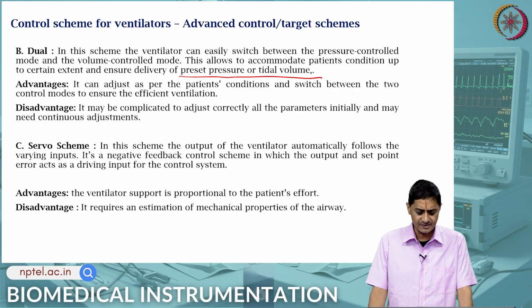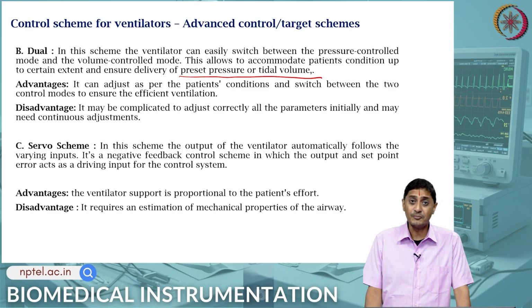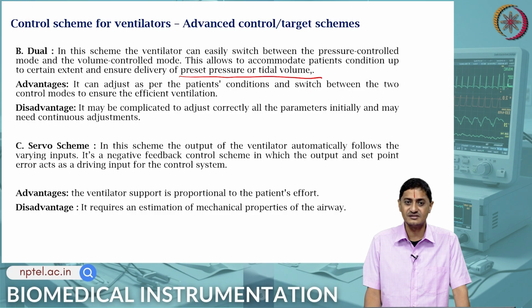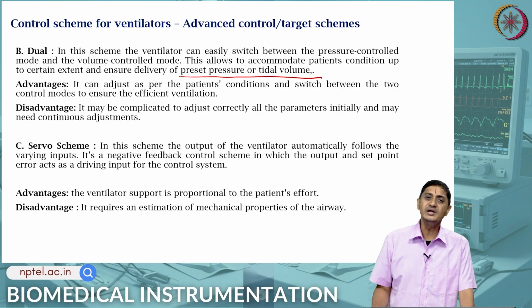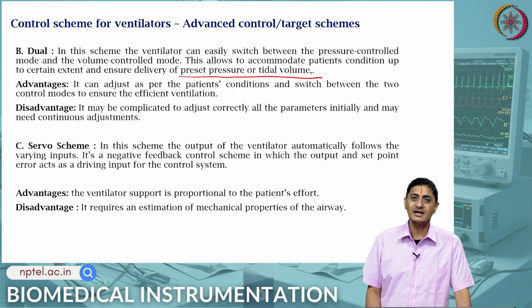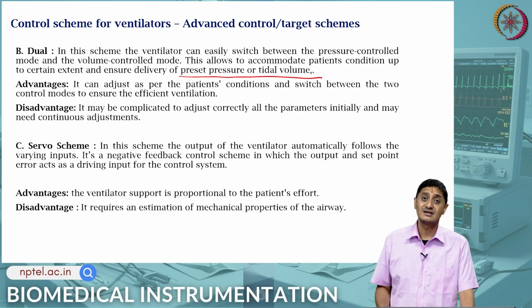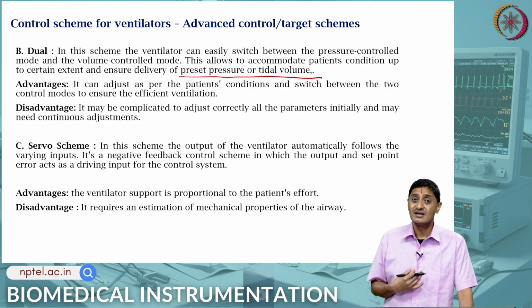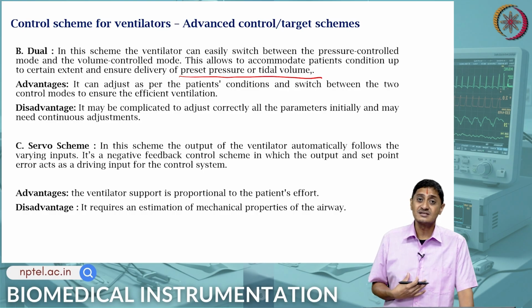The advantage is that the support that is provided to the patient is dependent on the patient's effort. The disadvantage is that you need to have an algorithm that will estimate the mechanical properties of the airway, because you have no clue about them. You are not having any sensors there, you are having sensors only outside.